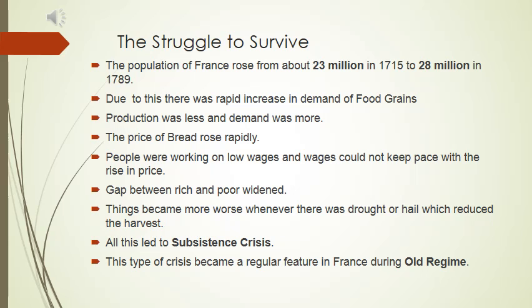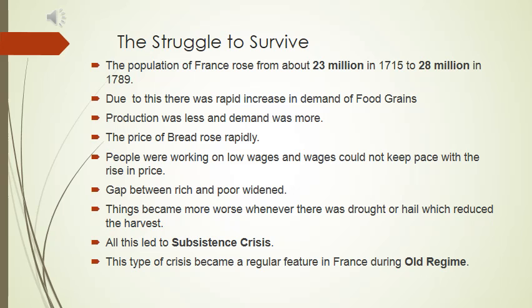The population of France, as you all know, rose from 23 million in 1715 to 28 million in 1789. 1789 is the year of the revolution. During this time the population of France rose, and when the population rises, there is a demand. The people start demanding food grains.